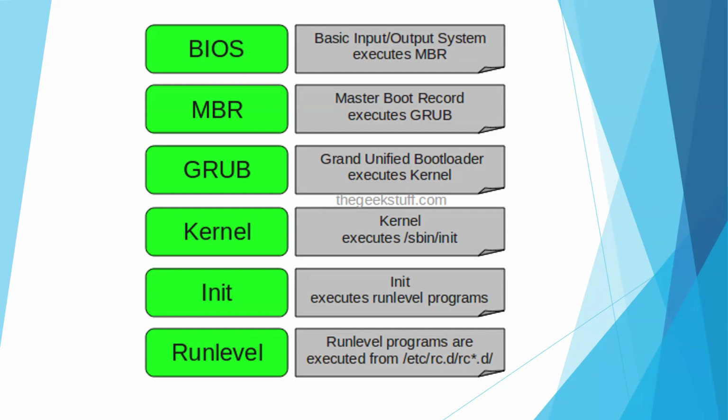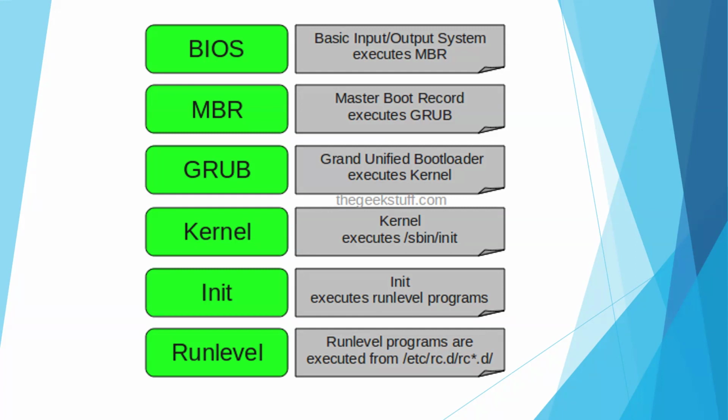There are multiple beep sounds, and each beep indicates a different problem. Suppose your hard disk is faulty or your motherboard is faulty, you will continuously hear different kinds of beeps.